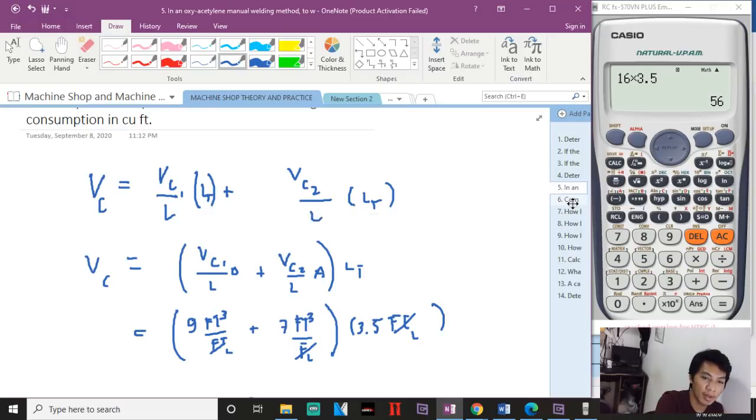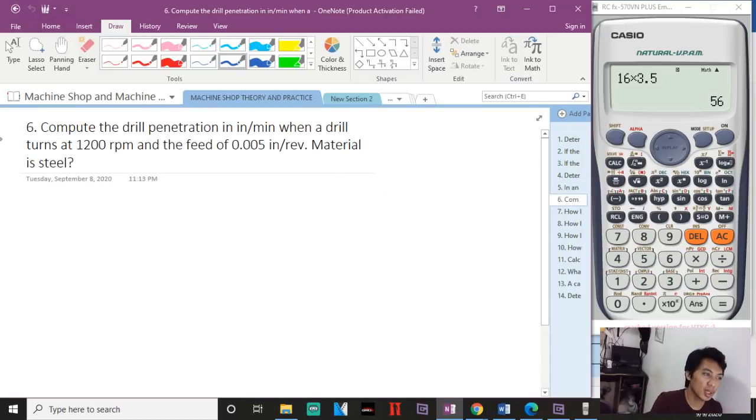Okay? And number 6, compute the drill penetration. Mahilig sa drill penetration. In inches per minute when a drill turns at 1,200 RPM and the feed is, meron ang given na feed, tapos meron ang rotation. Nako pare, ito, mahirap dyan, inch per minute.